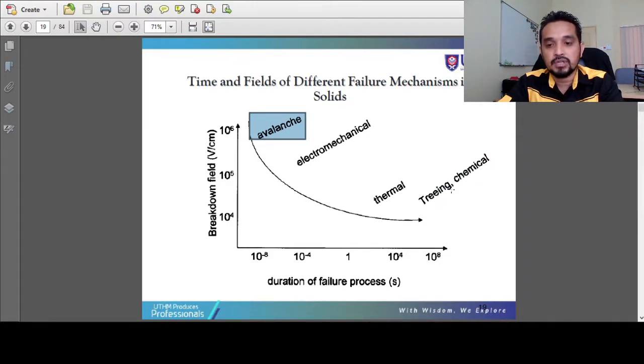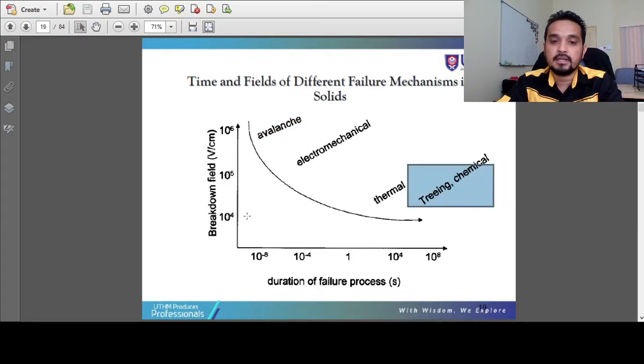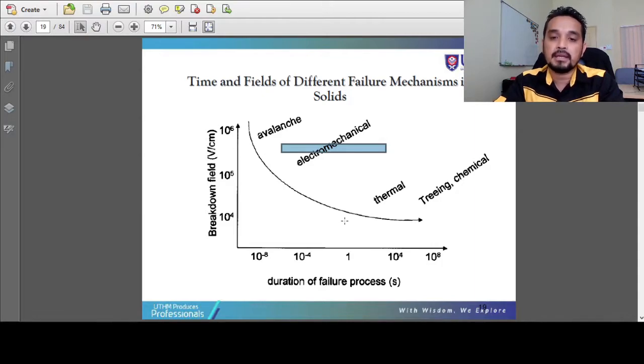But for treeing, cracking and chemical effects, it doesn't really need a high breakdown field, because it is more the environmental effect that leads to this failure. Electromechanical requires a moderate electric field to trigger the failure, as well as thermal.